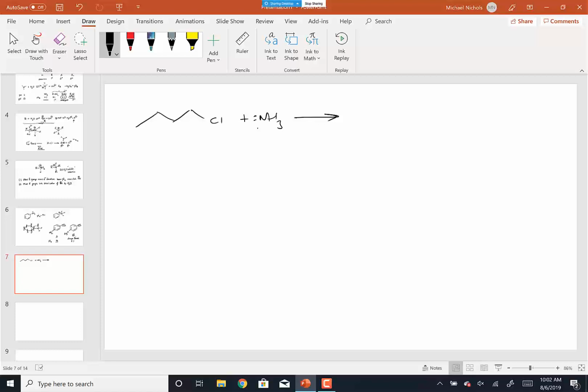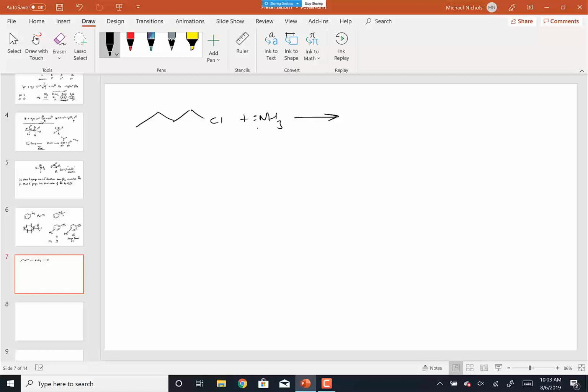See, that's what we do. We look at the periodic table and I say that. Is nitrogen better than oxygen? We look at the periodic table and we say, yes. Is it better than carbon? No. So ammonia or any amine can be used as a nucleophile.